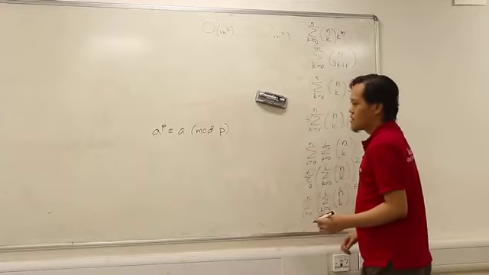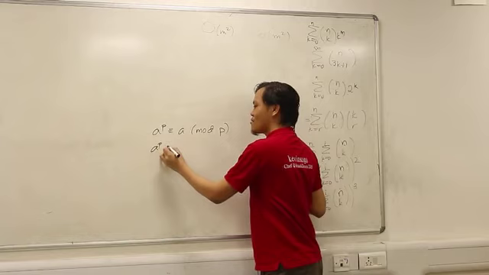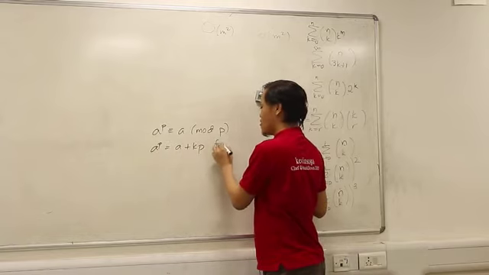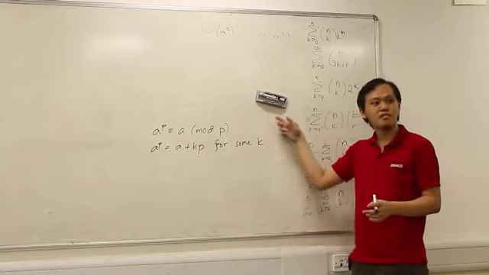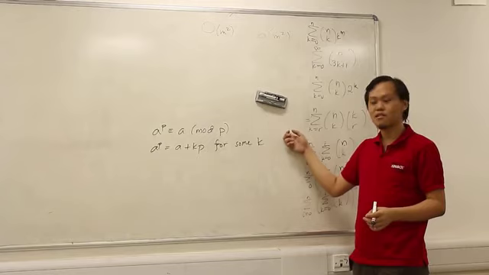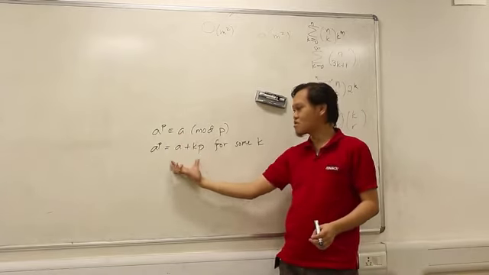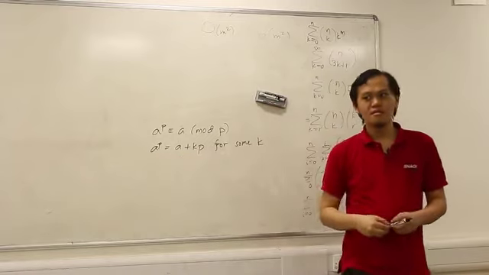So we can do that by rewriting this as something like this. Okay, notice that these are equivalent. But now we have an equality instead of a congruence. And we can now try to prove this using a combinatorial argument. Okay?